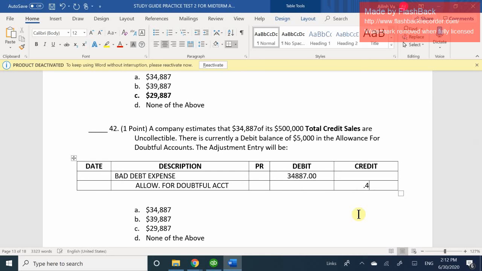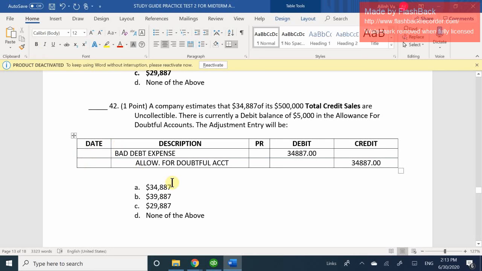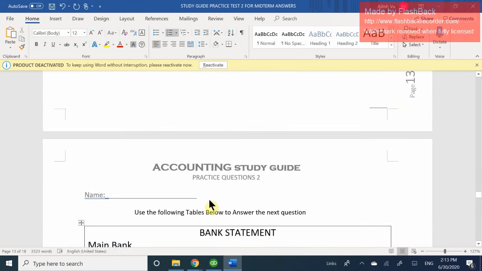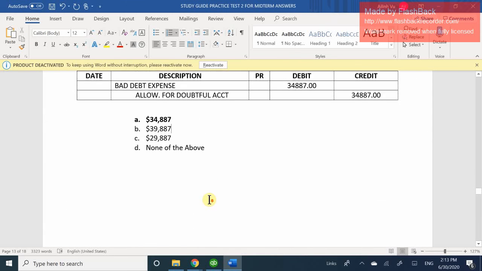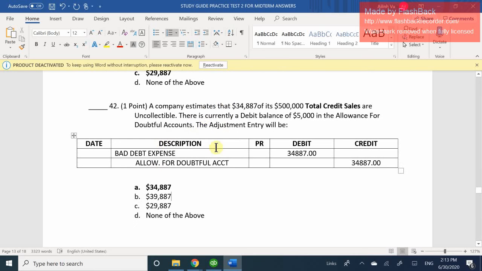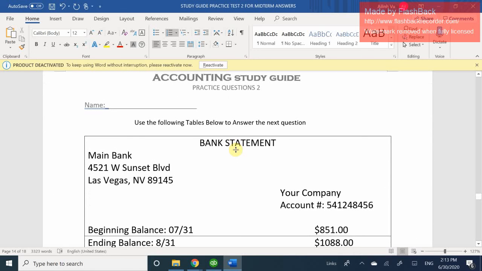And that was A. I want to drill this in your head. When you see that, it's going to be your estimate. A lot of you might get it wrong again on the exam, so make sure you recognize that.